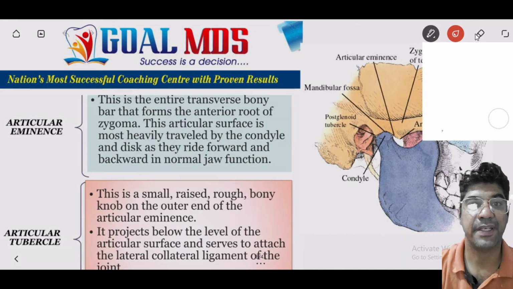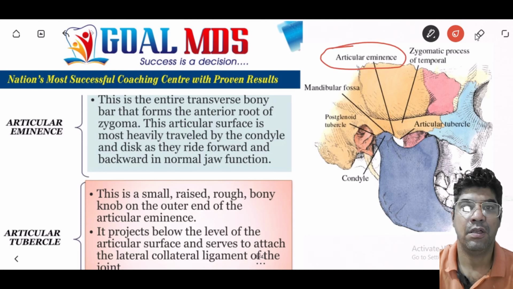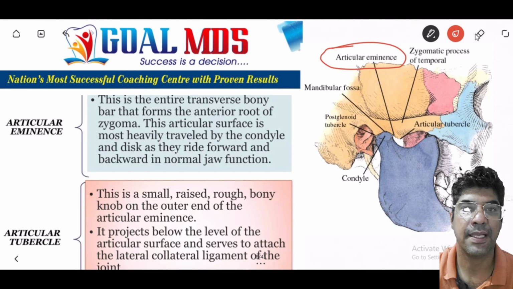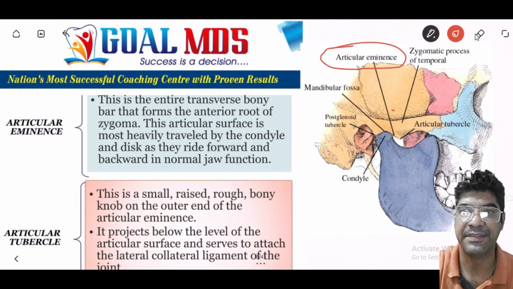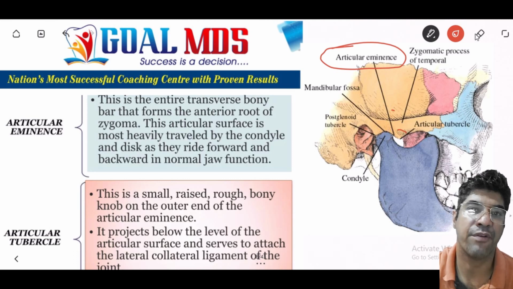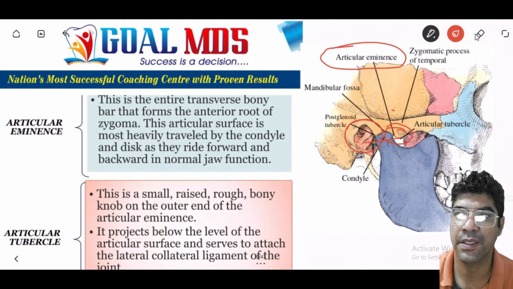Now let us discuss what is the articular eminence. The articular eminence is a bony structure in the skull that is a part of TMJ anatomy. It is located on the temporal bone, just in front of the external auditory meatus.